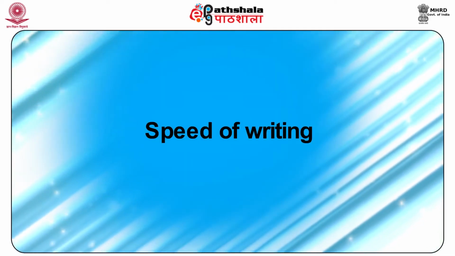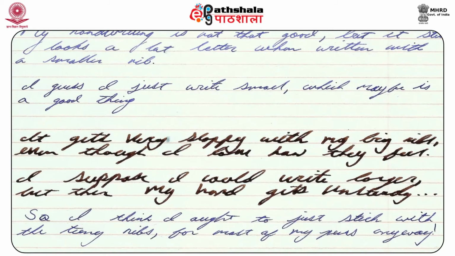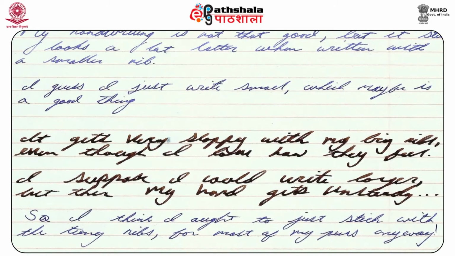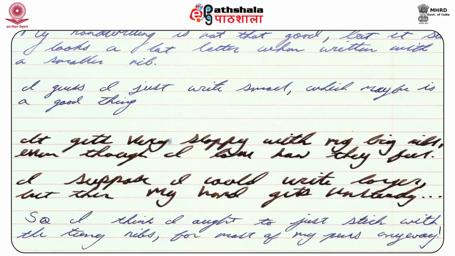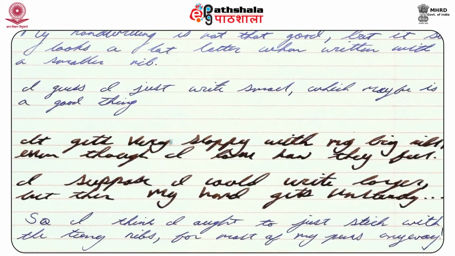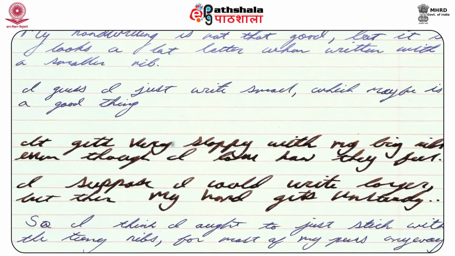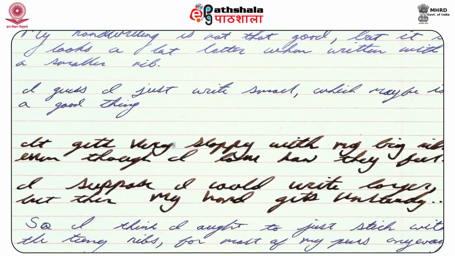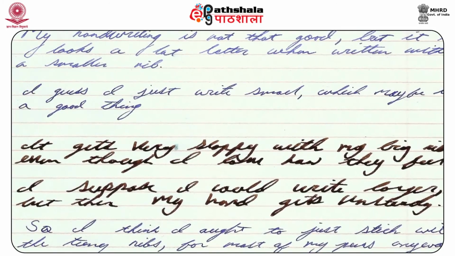The speed of writing of every writer is different. It cannot be the same for two writers. The speed of writing can only be measured by a keen observation of the strokes produced during writing.